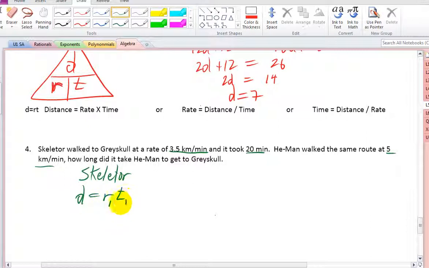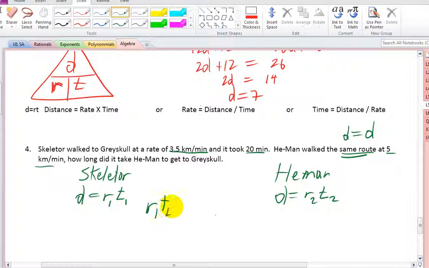So rate 1 times time 1. Whereas He-Man, his distance would be rate 2 times time 2. But they both were at the same point and walked to the same place. They had to take the same route. That means their distances were equal. So what we can say then, since they had the same distances, their rate times time must also be equal.